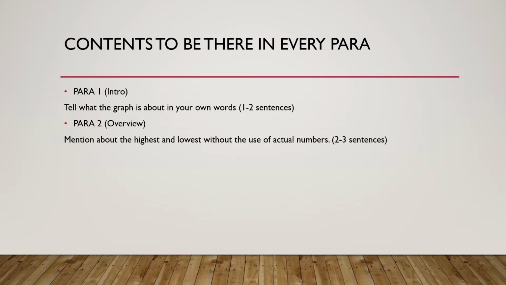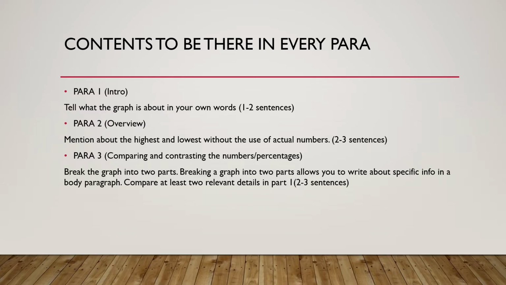You will deal with the actual numbers in the third and fourth paragraphs, where you will contrast and compare the different numbers and percentages. So you will be breaking it into two paragraphs, namely two types of highs and lows, and with that you will be covering 2 to 3 sentences. And para 4 is the second part of the breakdown.